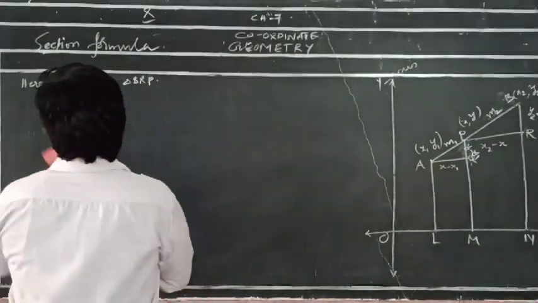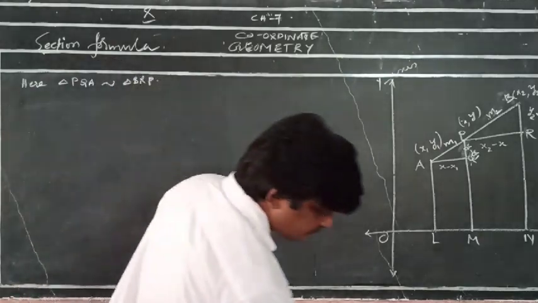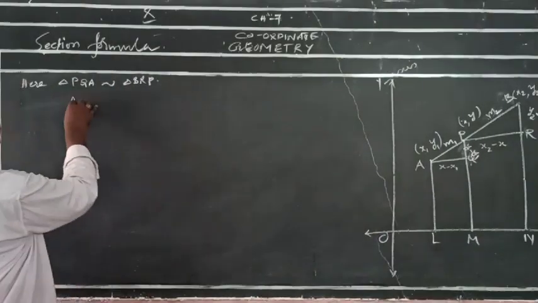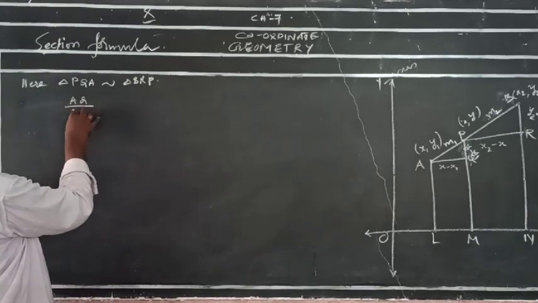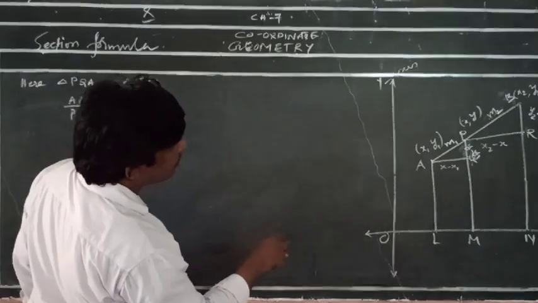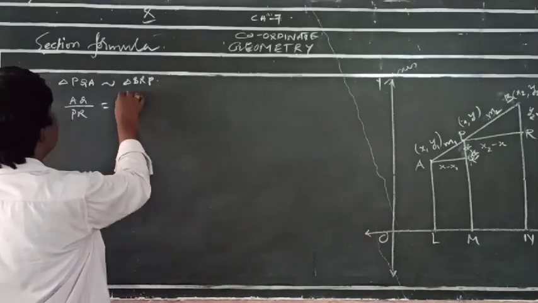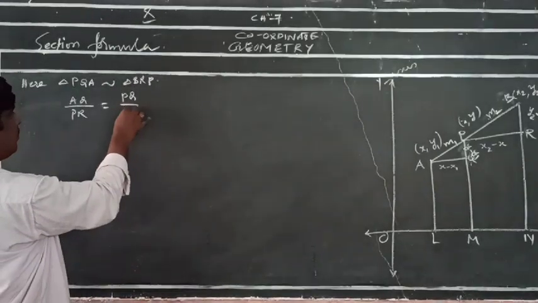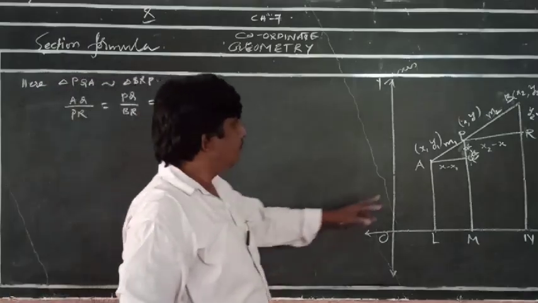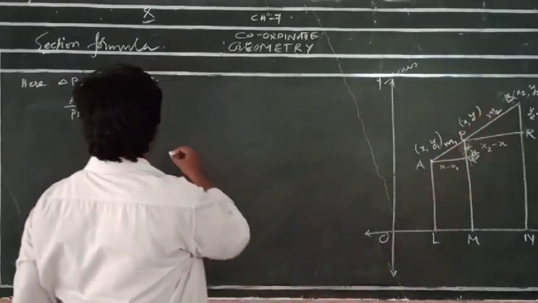Otherwise, you take the basis AQ by PR is equal to PQ by BR, which is equal to AP by PB.